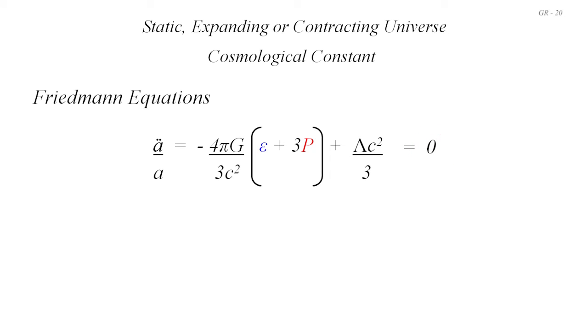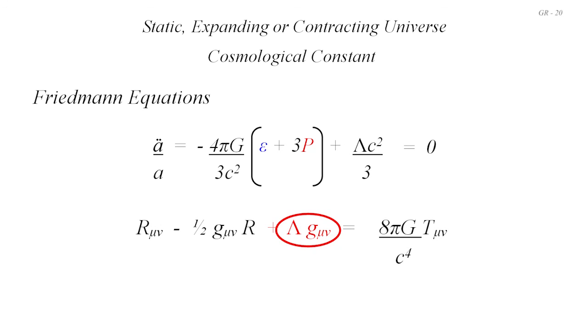And that in turn, of course, meant that there had to be a similar term in his field equations, lambda g mu nu. Now that we know from 1998 that the expansion of the universe is actually accelerating, we need an even bigger term than Einstein had suggested, not simply to keep the universe static, but to make it accelerate apart.